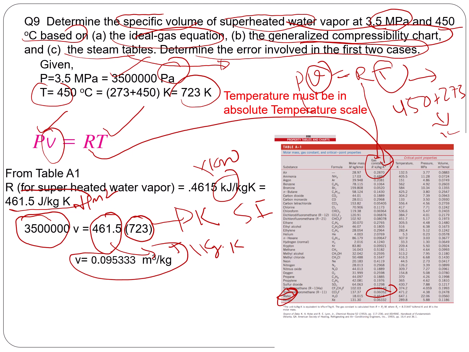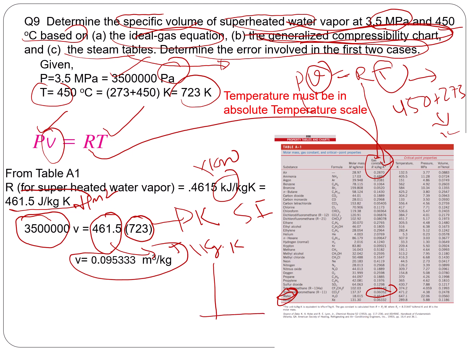Now let's move on to the next method, which is the generalized compressibility chart. That's what we are going to use. Again, here the pressure and temperature are given.